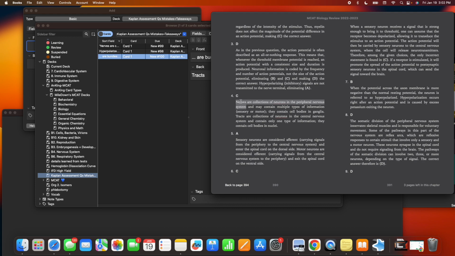So nerves contain multiple information, sensory, motor, but tracts are collections of neurons in CNS and contain only one type of information. They contain cell bodies in nuclei.